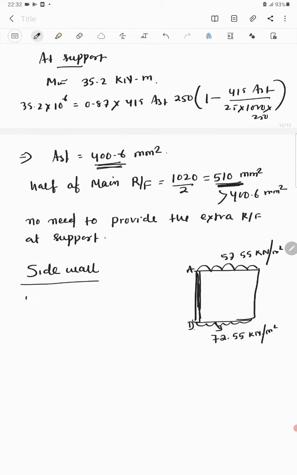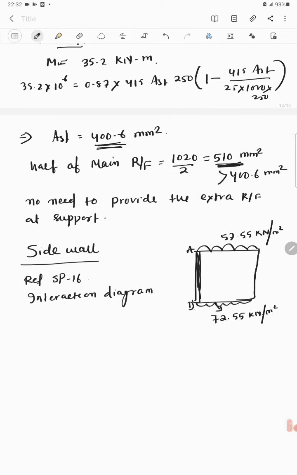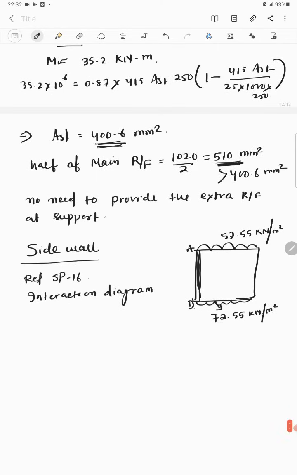So for this we have to refer SP16 for interaction diagram. So what will be this axial loading on this column? Okay, so we'll calculate the reaction at A and D. So for A, if V is the reaction at A, it will be how much?